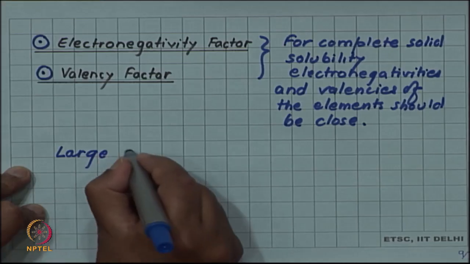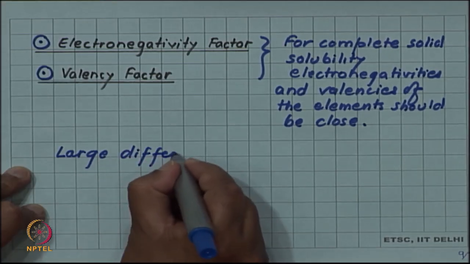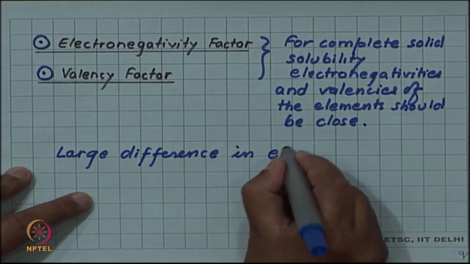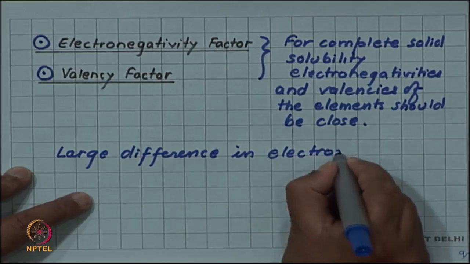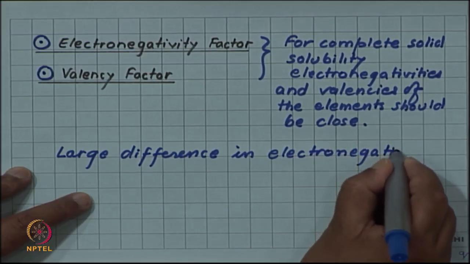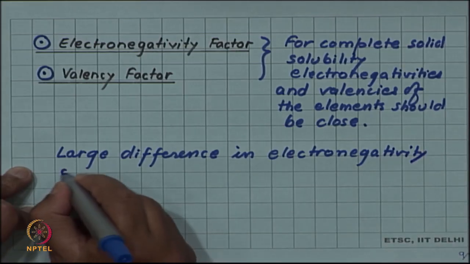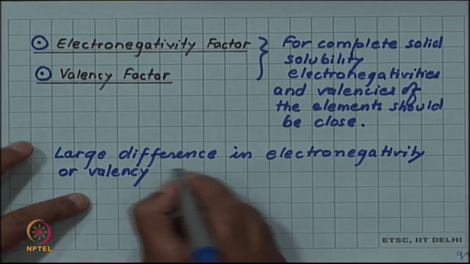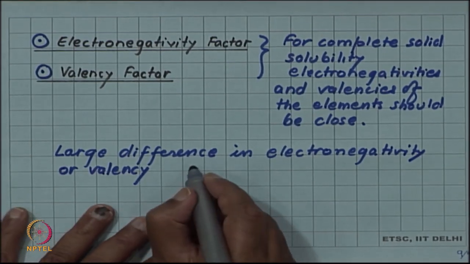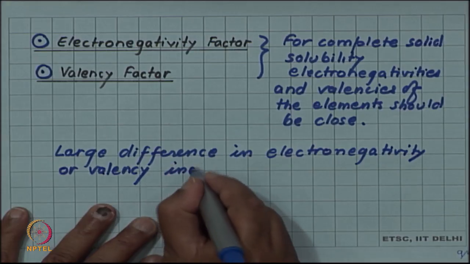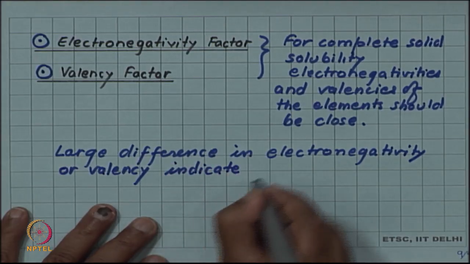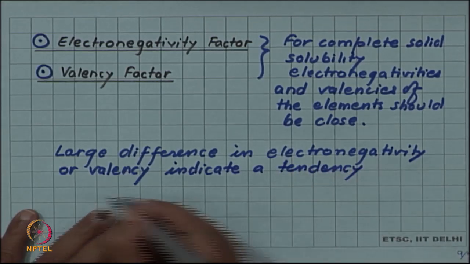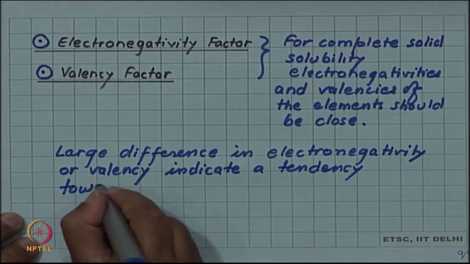So, a large difference in electronegativity or valency indicates a tendency towards formation of compounds.